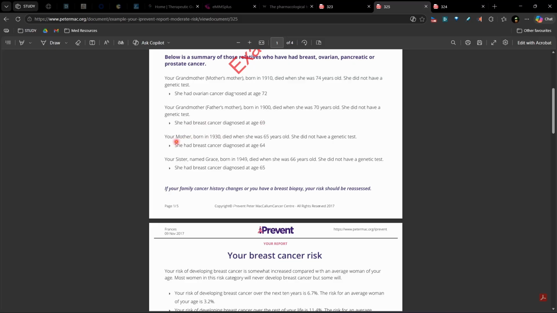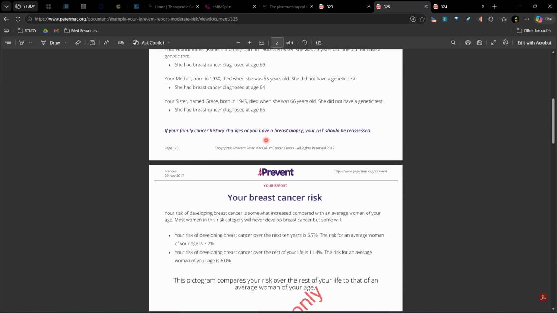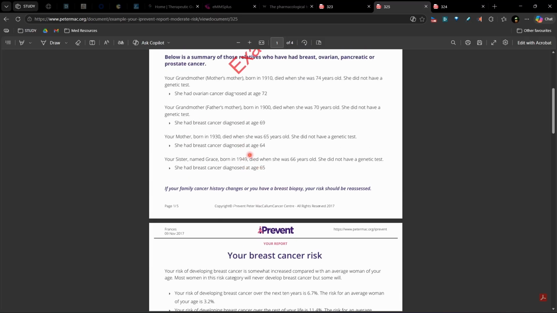She has a first-degree family with her mother with breast cancer at 64 and a sister at 65. And so she has at least 2 family members, so then we should perk up and think that she is at increased risk. But however, she has 2 family members first degree and 1 family member second degree.